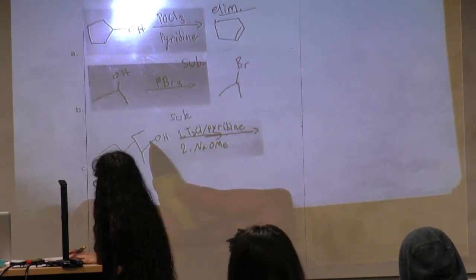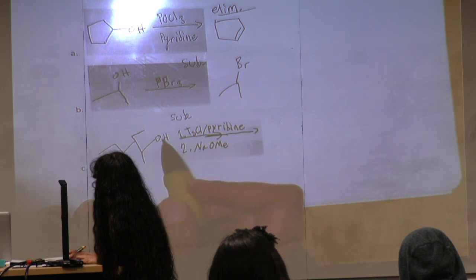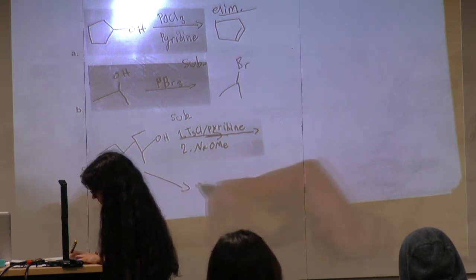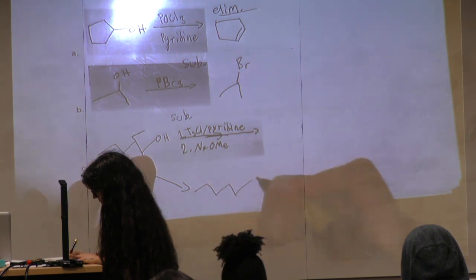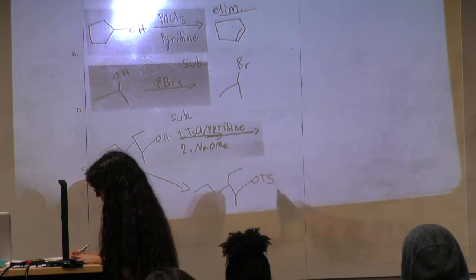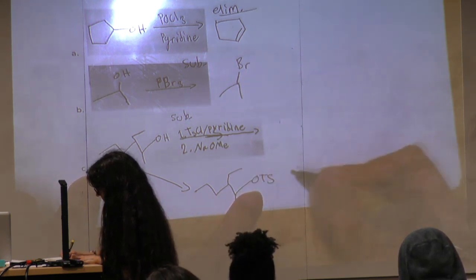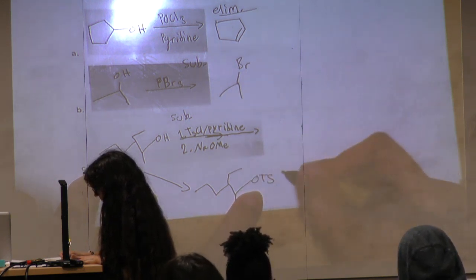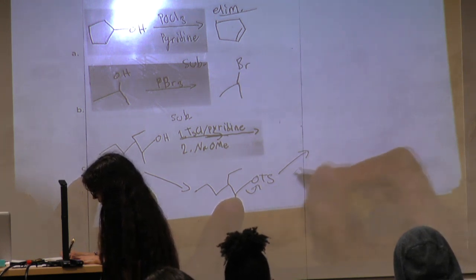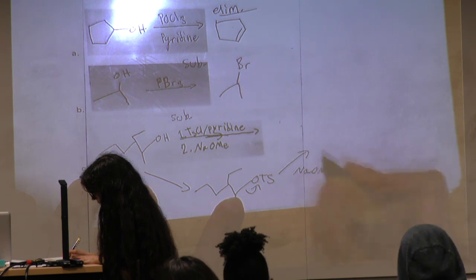Now with this one, what do we replace the OH with? Yeah, so OTs. So we switch it with OTs. It's perfect. So this is like the best leaving group you can have. So OTs leaves, and then you have NaOMe.